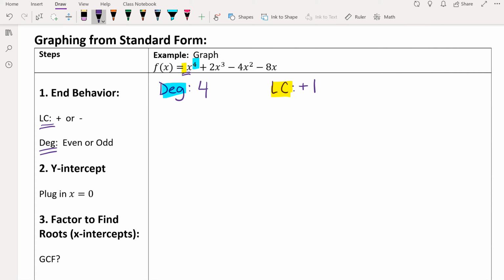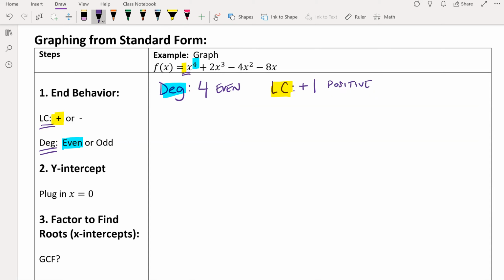Okay, and then for degree, we care about even or odd. That's on the left over here in our notes. And for leading coefficient, we care about positive or negative. So in this case, our degree is even. It's even because it can be divided by 2. So 4 is an even number, so I'm going to go ahead and write even. And the leading coefficient in this case is positive because it's positive 1. So positive.